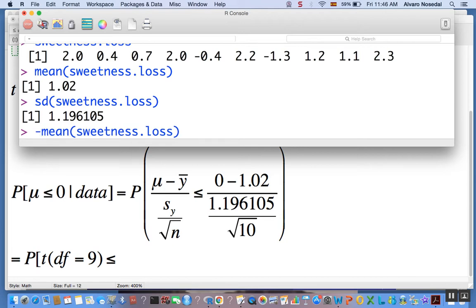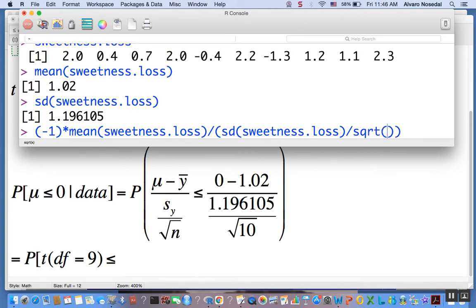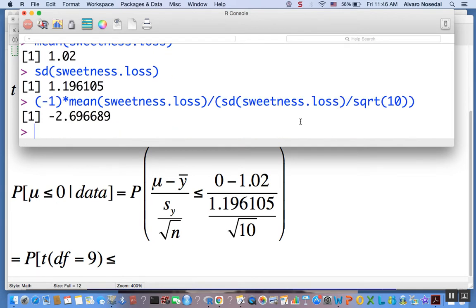So we need -1 times this, divided by the standard deviation divided by the square root of our sample size, which is 10. Okay, so that's our number on the right hand side of that inequality.